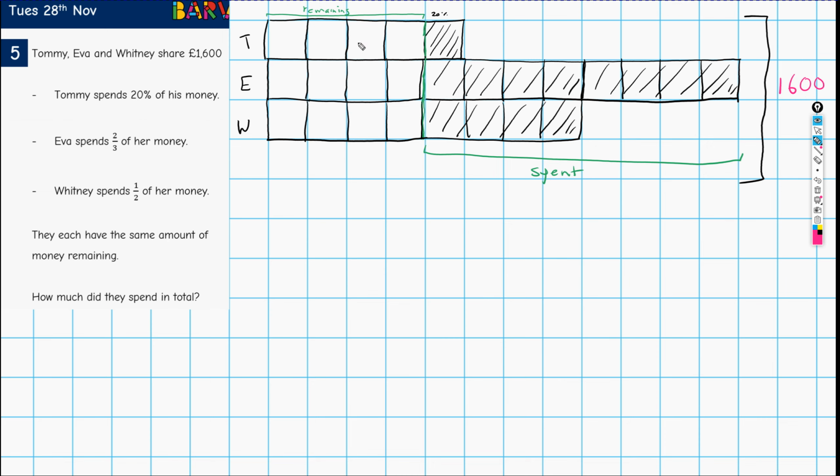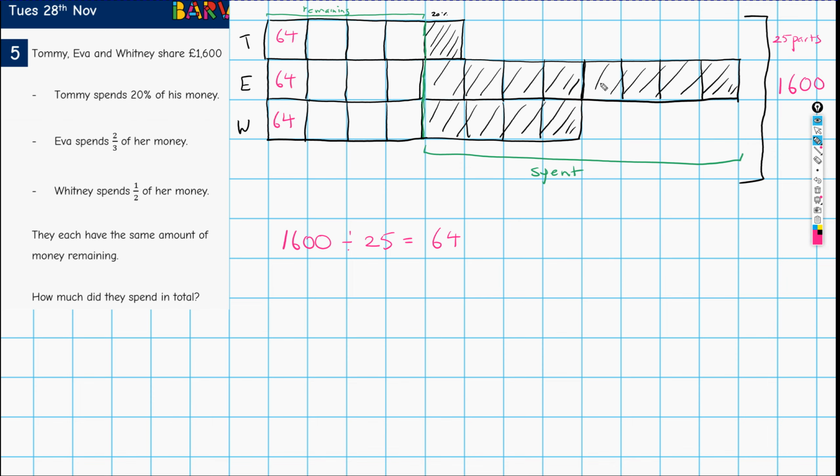Well, that was 5, 10, 15, 16, 17, 18, 19, 20, 21, 22, 23, 24, 25. So we have 25 parts. If we divide 1,600 by 25, we get 64. So each of these parts has a value of 64.